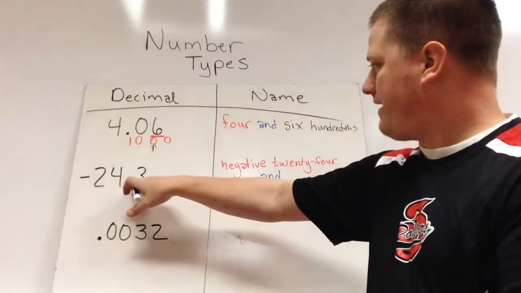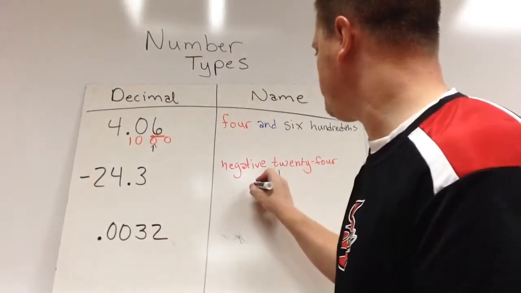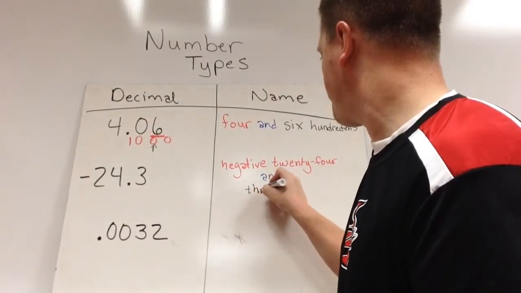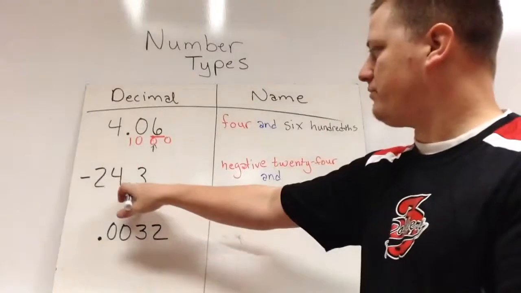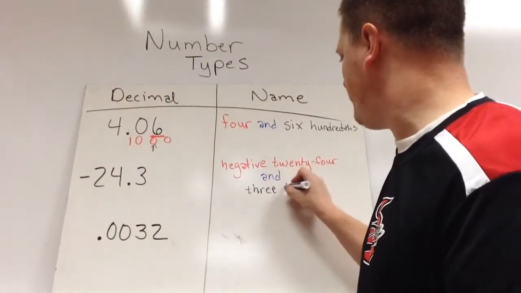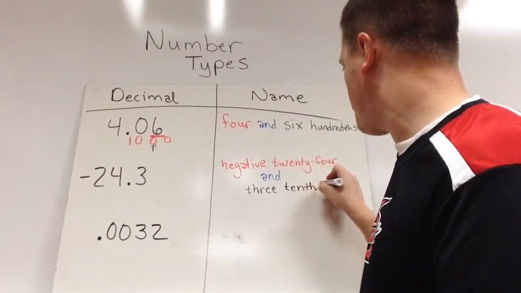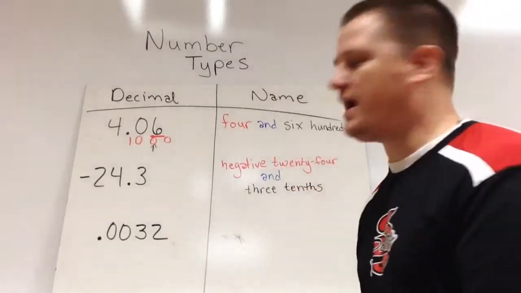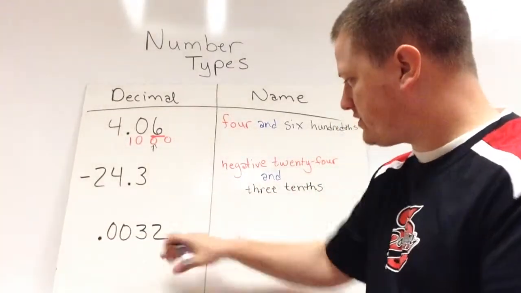This one, we have a 3, and then this would be the first place value, which is tenths. Notice 10 THS. This one, the number is 32.